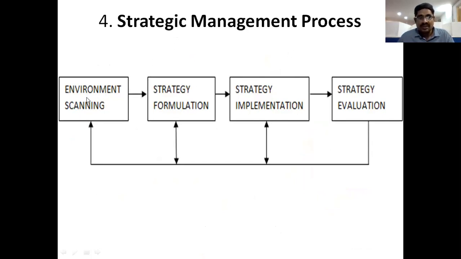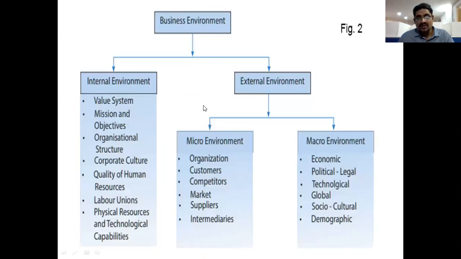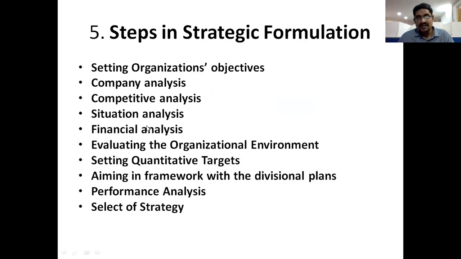Here, environmental scanning includes SWOT analysis. These are the two analyses which help to prepare the strategies. That is the formulation of strategy, right? For the formulation of strategy, we have this slide, which we discussed in the previous class, right?